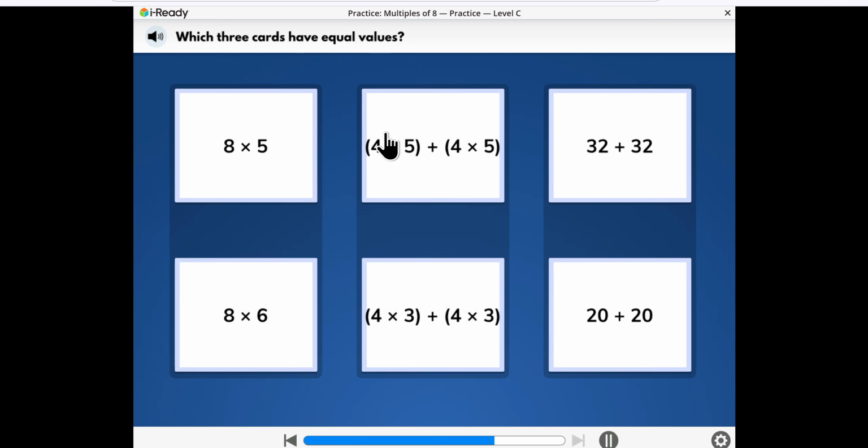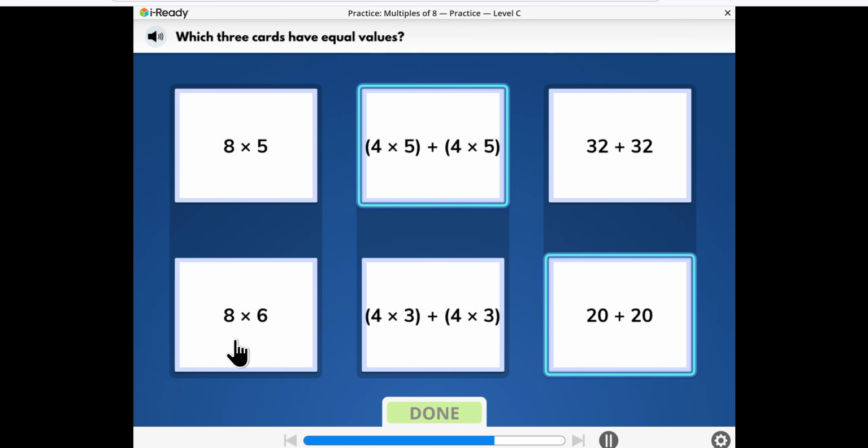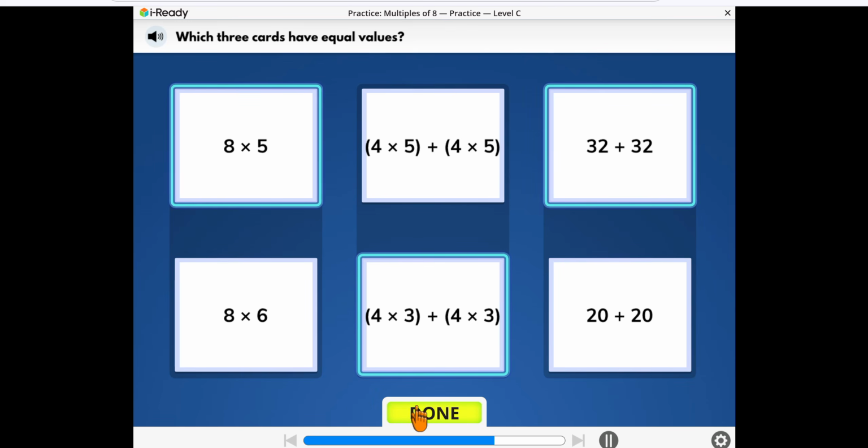So, 20 plus 20? This is 20 plus 20. What do these two make? I forgot which one makes 20 plus 20. Wait, what? Try again. So these 3 cards will make a match?